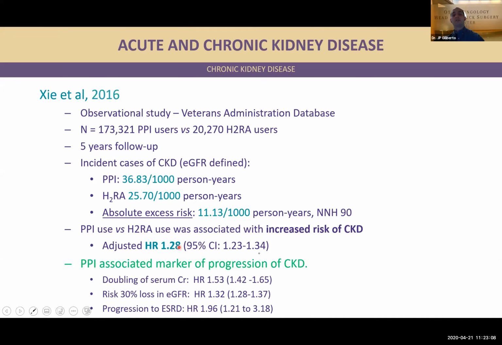Not only did they notice an increased risk of chronic kidney disease, they also noticed an increased risk of progression of the chronic kidney disease, including doubling of the serum creatinine, as well as 30% loss in the glomerular filtration rate, as well as progression to end-stage renal disease.